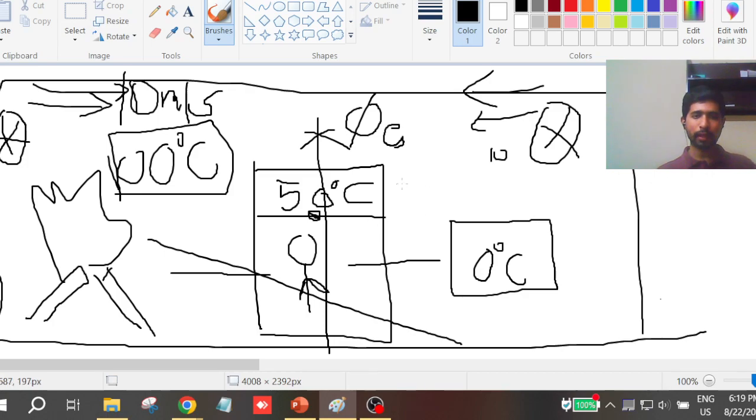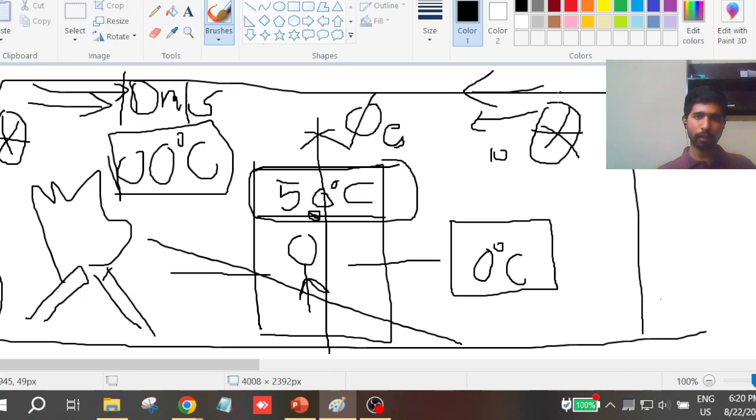The temperature of this person who is standing in between will depend on two things. One thing I think I have already told here. Can you write on the chat box which are the two things on which the temperature of this person standing in between will depend?